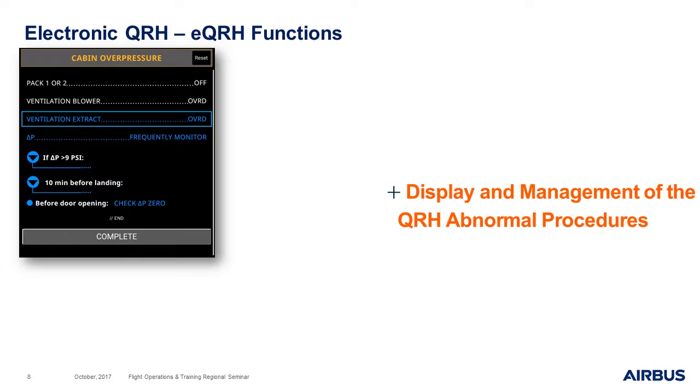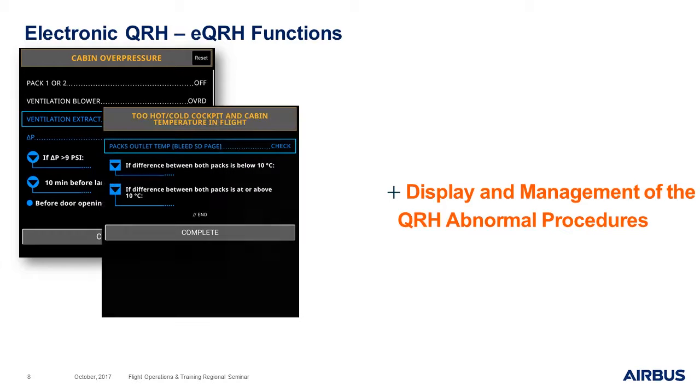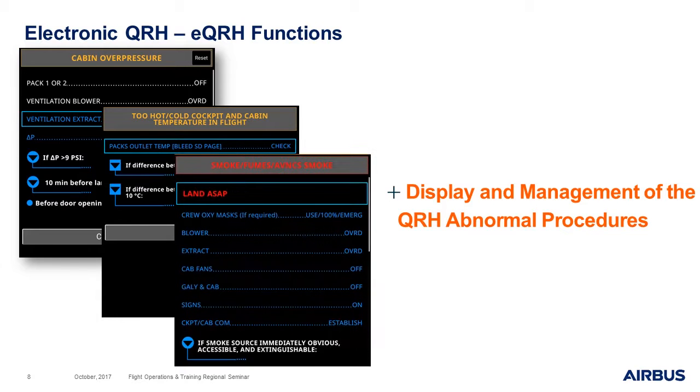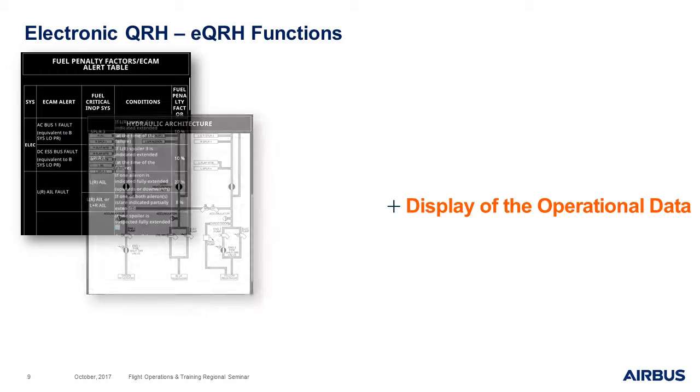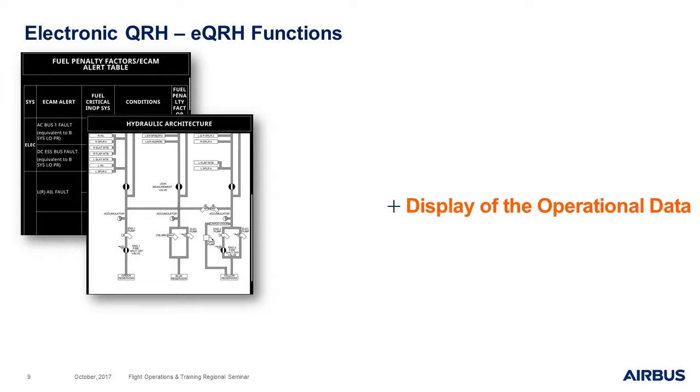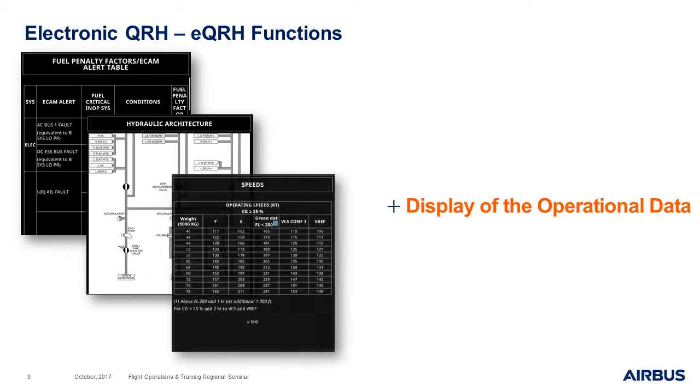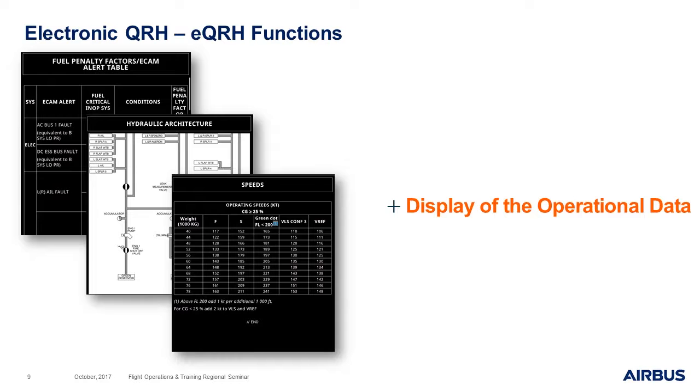The objective of the eQRH is to enhance the abnormal situation management thanks to some innovative features like the exclusive display condition management and the color coding within the procedures and checklists. Finally, the eQRH displays important operational data like the fuel penalty factor table, some illustrations of system architectures, and the operating speeds table.